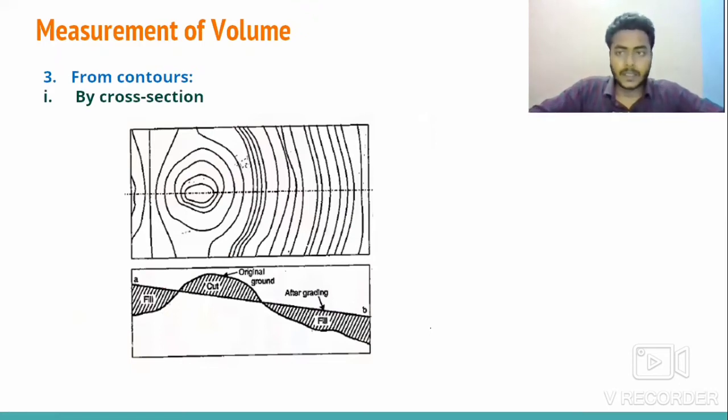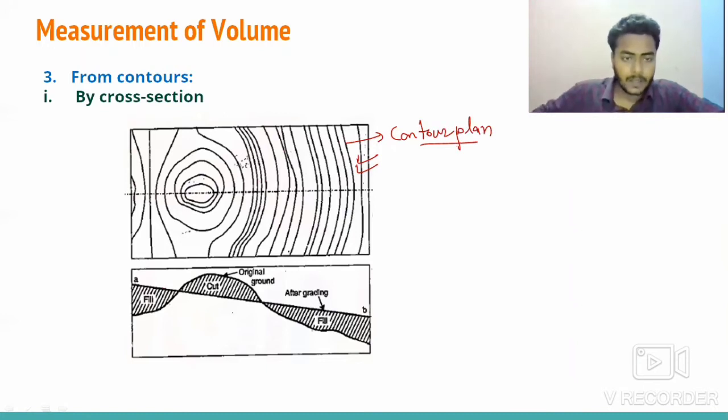Now, the third method to calculate the volume was from the contour map. The first one is by cross section. So how can we calculate volume from the contour map by using the cross section? See, this is the figure. This is the contour plan, the contour map we can also say.